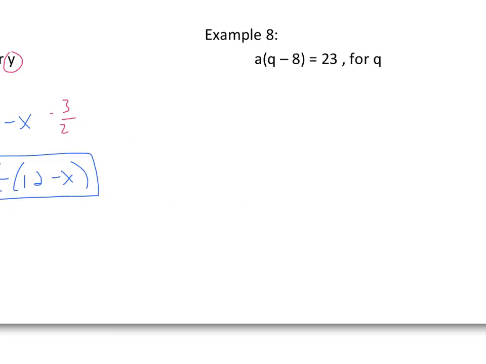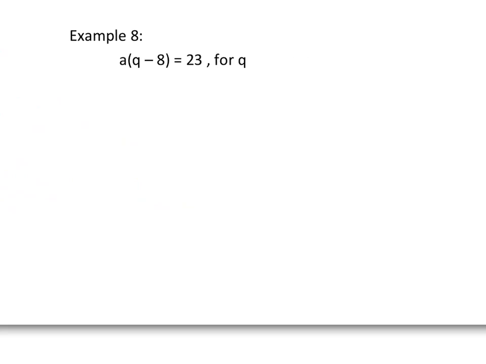In our last example, we're trying to solve this equation for q. And now notice that the q is in the parentheses. Before we had to solve an equation with something on the outside of the parentheses. But again, the question is asked, should I distribute the a or not? Well, in this case, you can try either one and see how it feels.